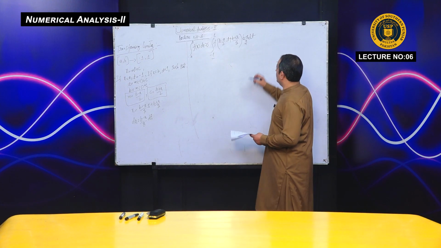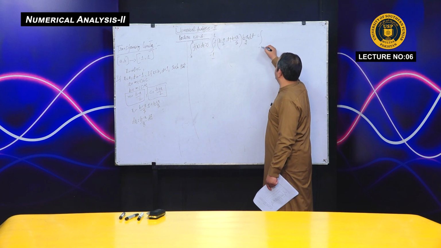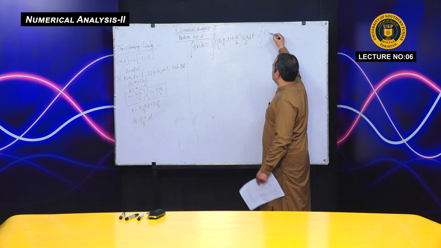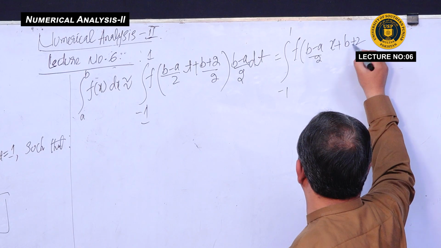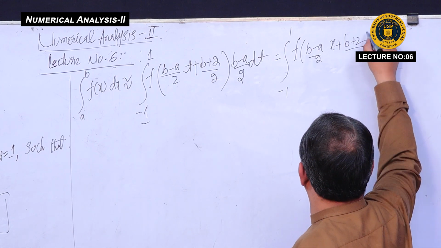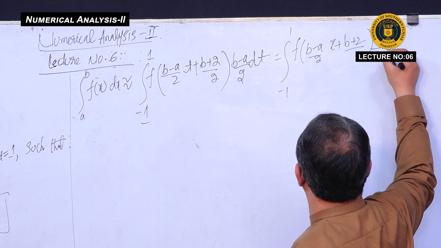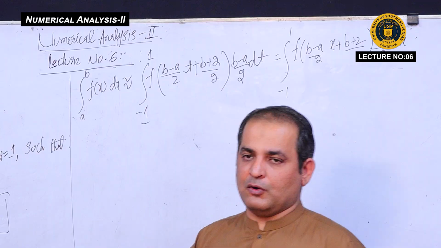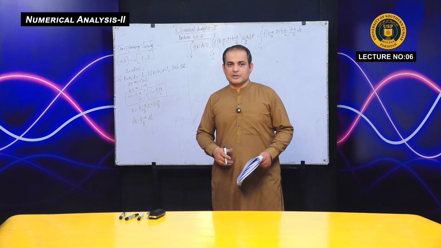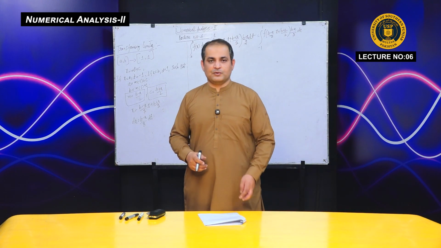Now replace t with x: the integral from -1 to 1 of f of ((b minus a) over 2 into x plus (b plus a) over 2), into (b minus a) over 2 dx. This is basically transforming the limits of integration into -1 to 1.